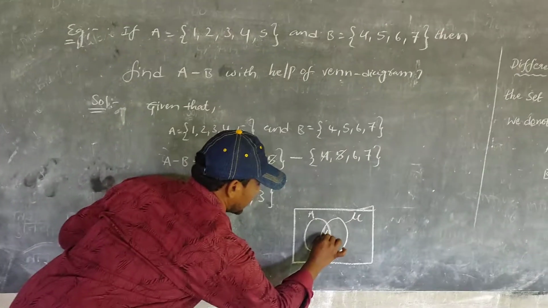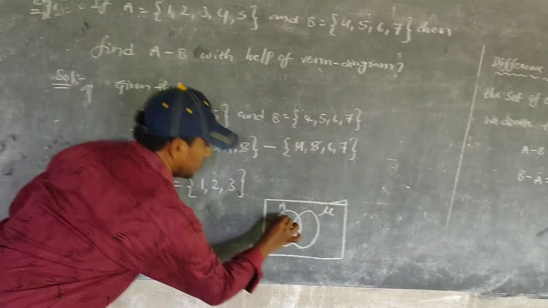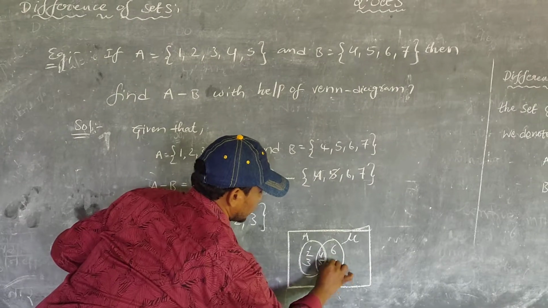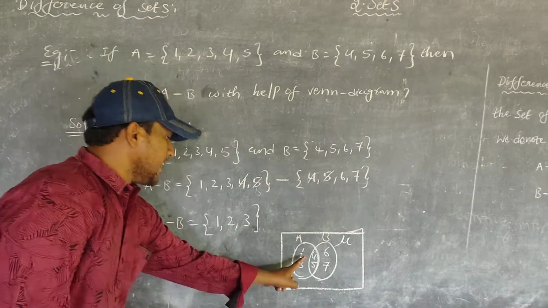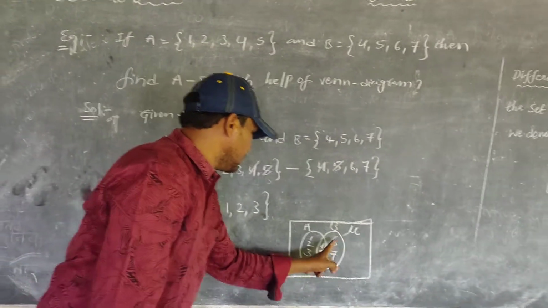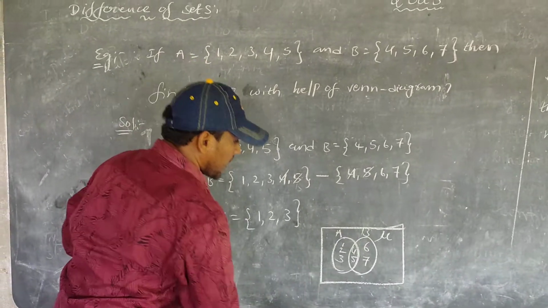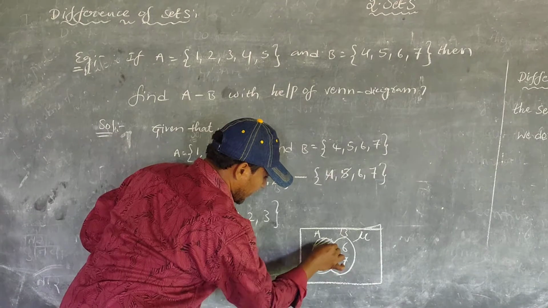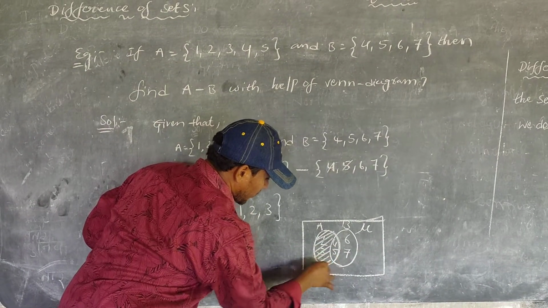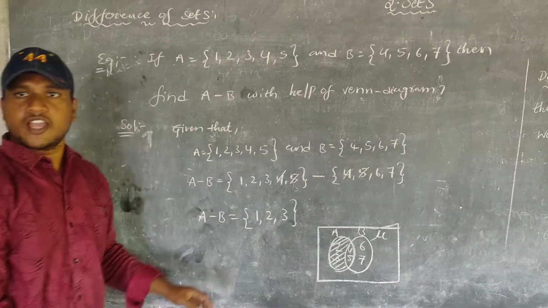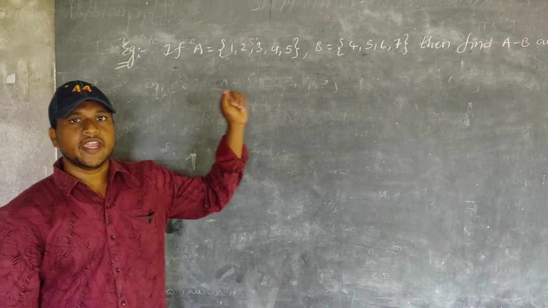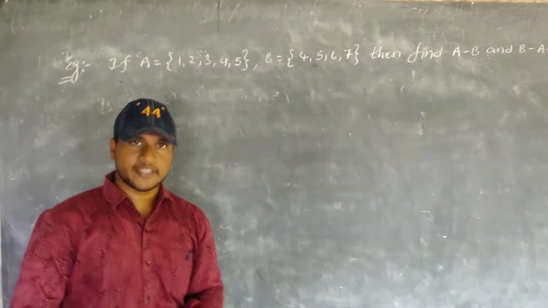Then 1, 2, 3 are in set A only, and 6, 7 are in set B only. Set A is {1, 2, 3, 4, 5} and set B is {4, 5, 6, 7}. The shaded region is only A, which does not belong to B, shown with the help of the Venn diagram.